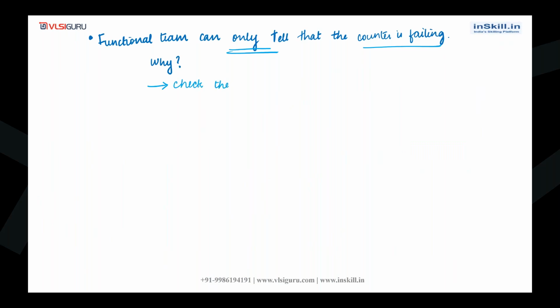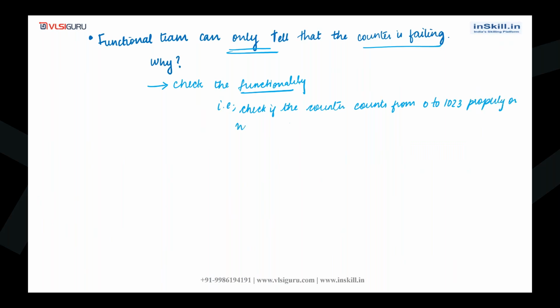Functionality here means they check if the counter properly counts from 0 to 1023 or not. So that is what will be checked.